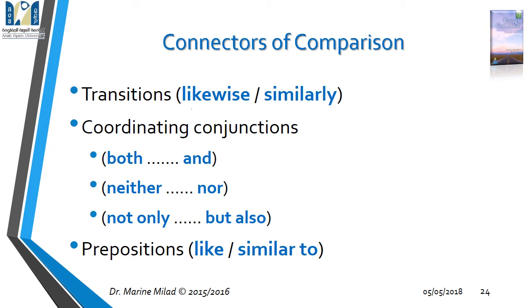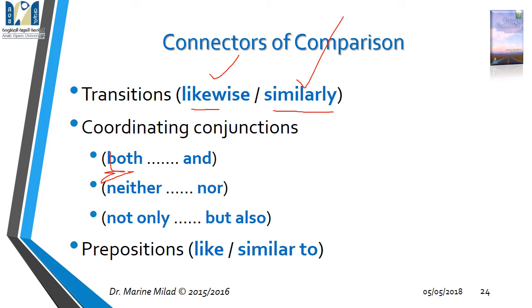Transitions similar to likewise and similarly will help me to understand that you are telling the similarities, right? Now, coordinating conjunctions, the fanboys, you can use both if you want to tell me the similarities, right? So you can say both the mouse and elephant are animals, right?